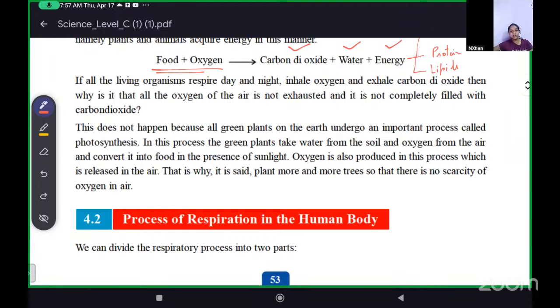If all the plants die out, we will still have oxygen to last quite a few years, because there is a lot of oxygen in the atmosphere. It will not end at a single moment, but slowly it will deplete.